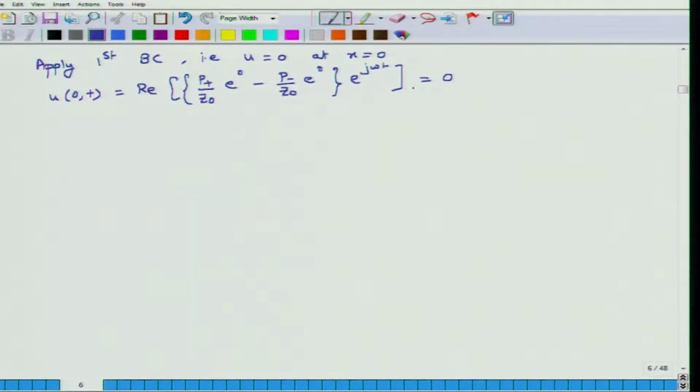So this equation will be satisfied only if p plus equals p minus.